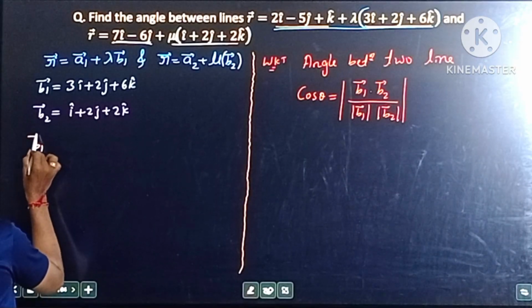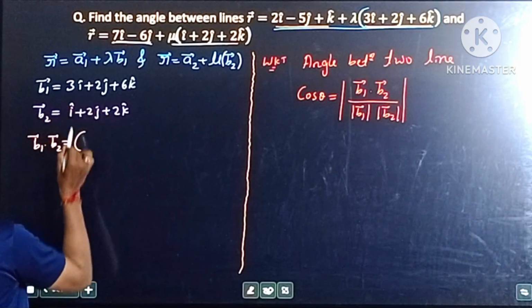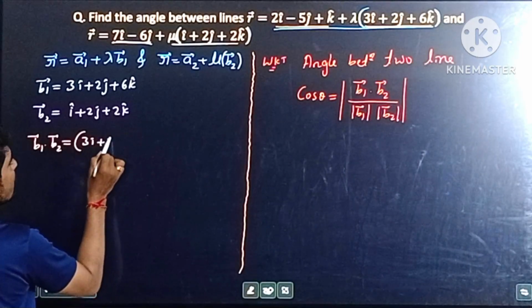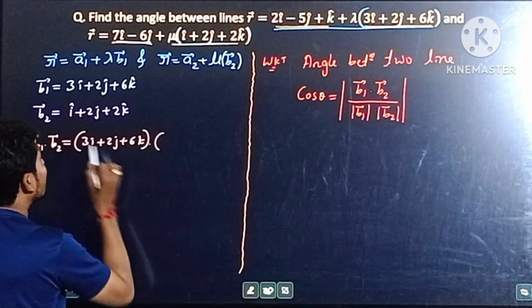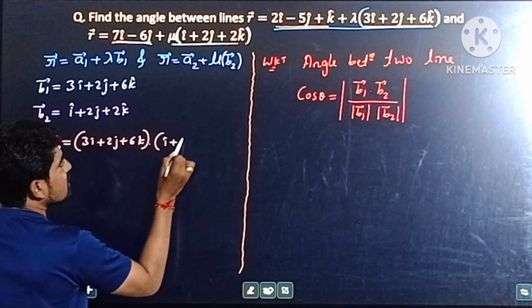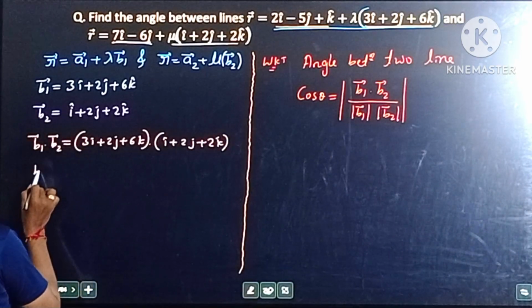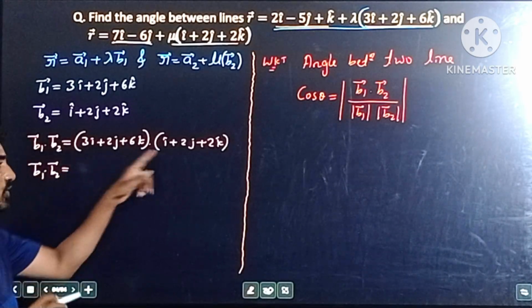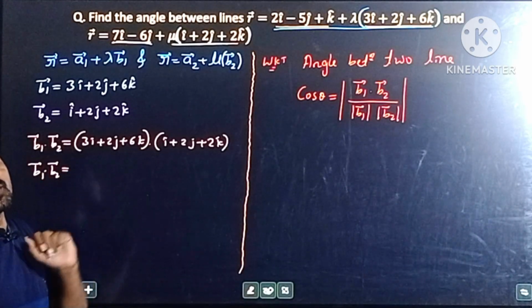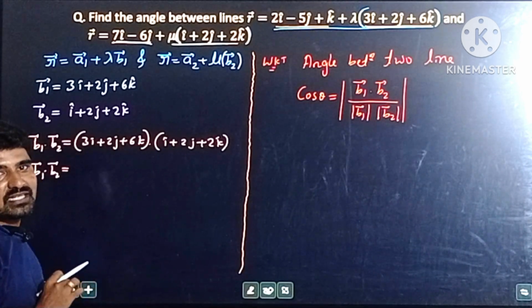So b1 vector dot b2 vector is equal to, b1 vector is 3i plus 2j plus 6k, dot b2 vector is i plus 2j plus 2k. So the dot product of two vectors is obtained by multiplying the corresponding coefficients of i, j and k.